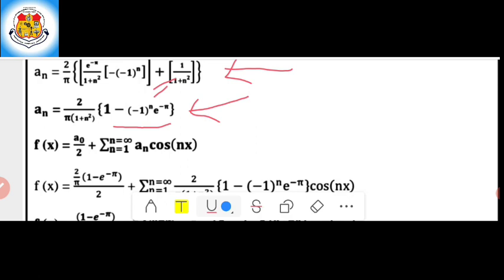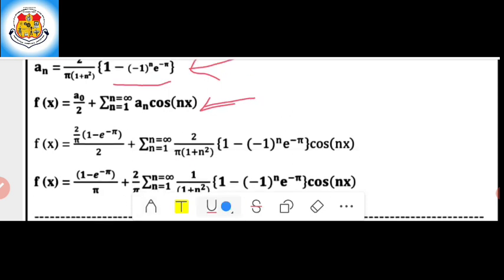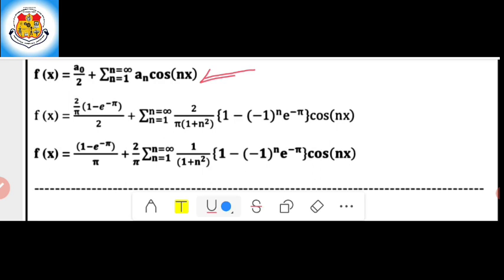So we know that the Fourier cosine series, the half range cosine series, f of x is equal to a0 by 2 plus summation n runs from 1 to infinity an cos nx. So substitute the value of a0 and an.